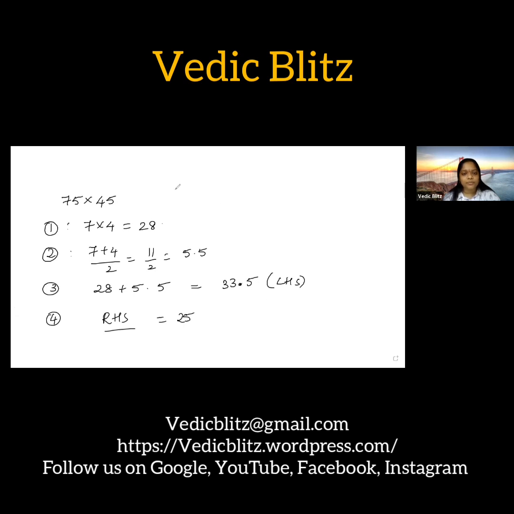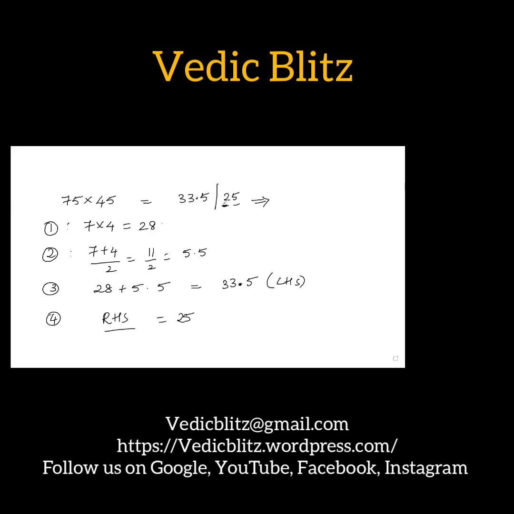But this 5, if you bring it here, so 33.5 and 25. When you have 2 digits here, the result of step 3 is to be multiplied by 100.